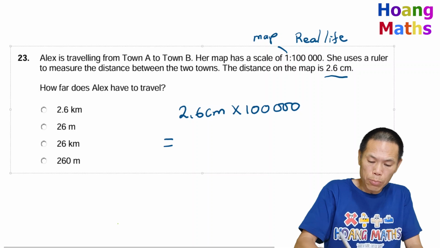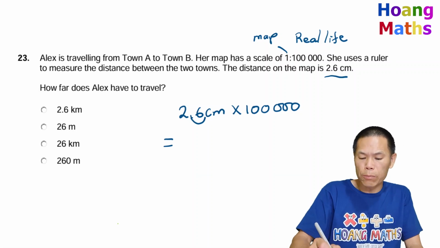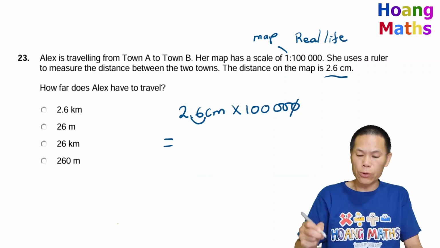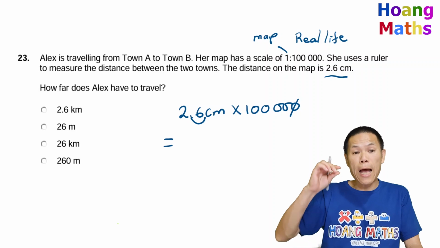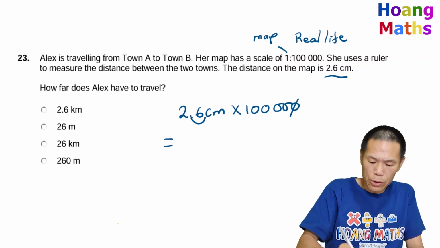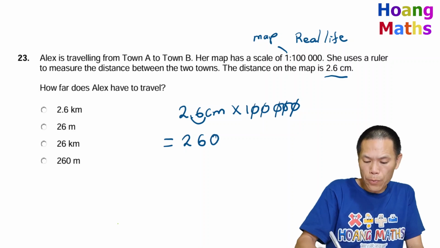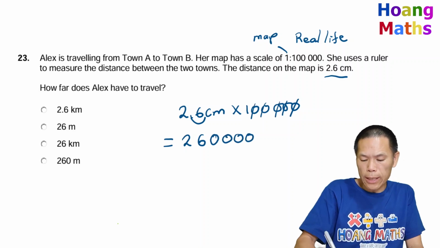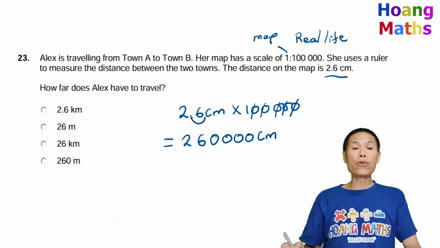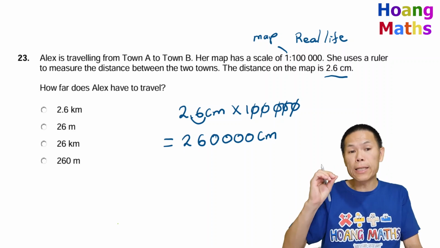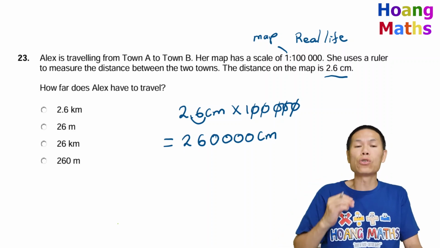So this decimal point here, move 1 to this side, so it becomes 26. We cancel that. So 26 times 10,000. So the answer is 26, and we just add 1, 2, 3, 4 zeros. So there you go. That is the distance that Alex has to travel.